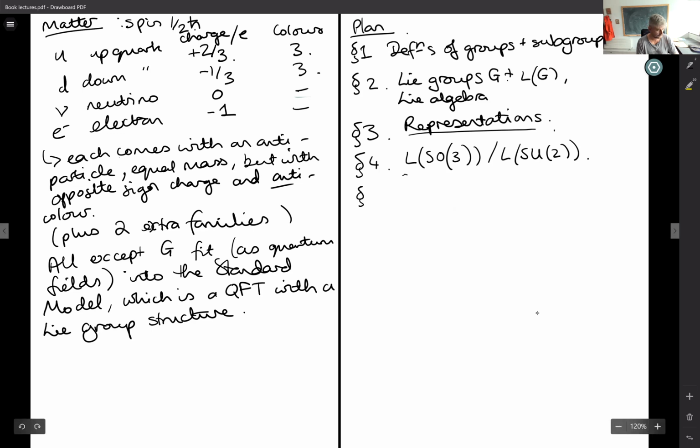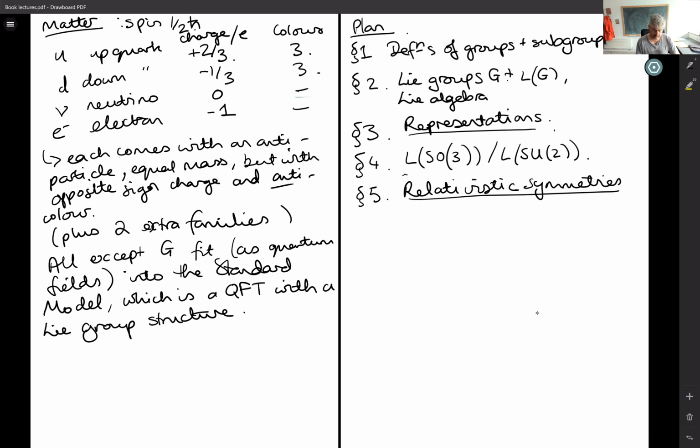Then we'll go on to do relativistic symmetries. So we have two relativistic symmetries that are relevant. Lorentz symmetry. This is a Lie group. So rotations and Lorentz boosts.